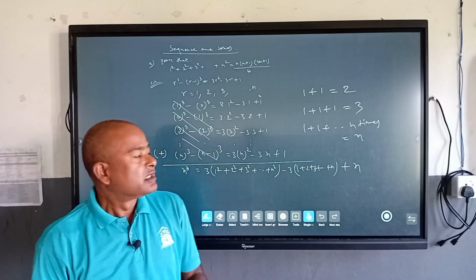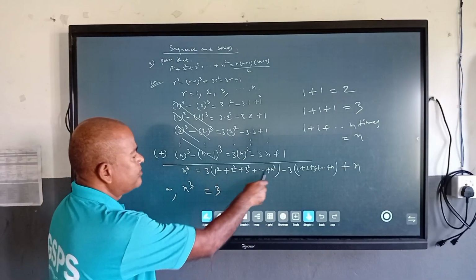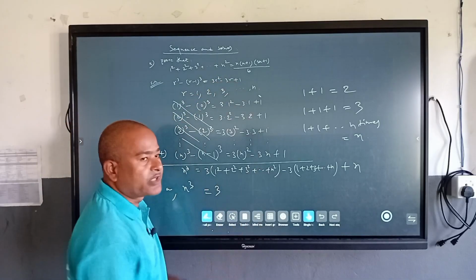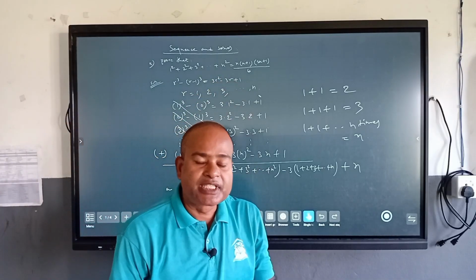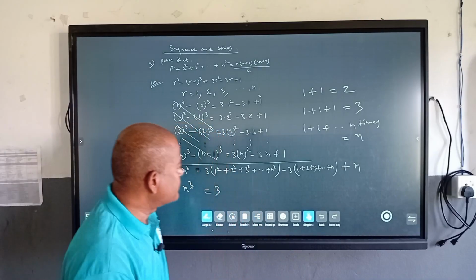So dear students, nq keeping as it is, 3 times (1 square plus 2 square plus 3 square plus dot dot dot n square). So dear students, we have got a series which is the sum of the squares of the first n natural numbers.